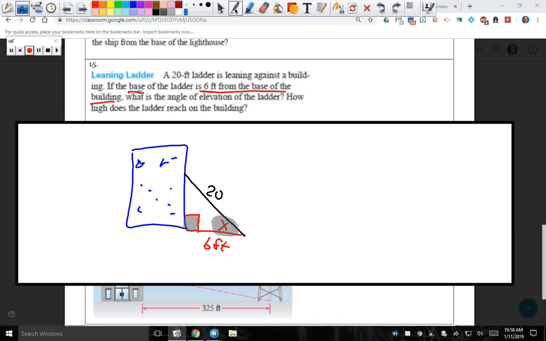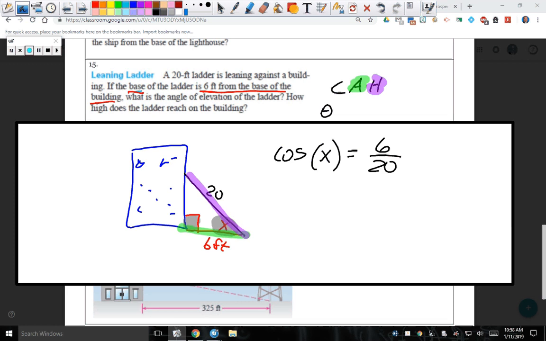What are we looking at? Sine, cosine, or tangent? Cosine. Nicely done. Cosine is CAH, and the adjacent side is right here. And the hypotenuse side is across from that 90, is right there. So it's the cosine of some angle, you can use theta or you can use x, is equal to 6 over 20.